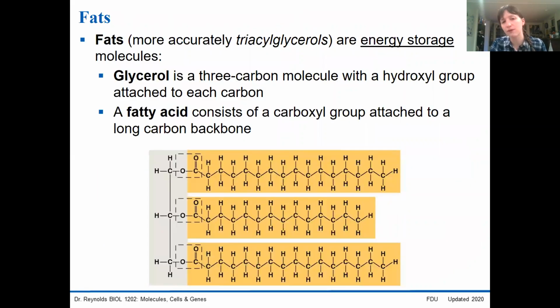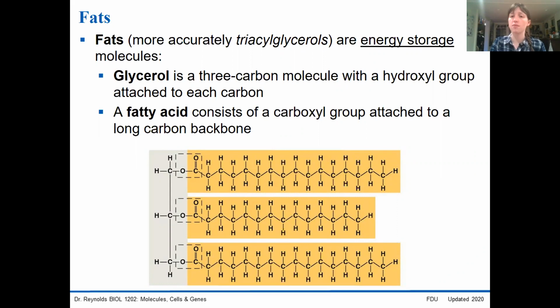Let's look first at fats. These are examples of molecules that store energy, and they really show you a good example of lipid structure. Fats are composed primarily of glycerol, which is a 3-carbon molecule.